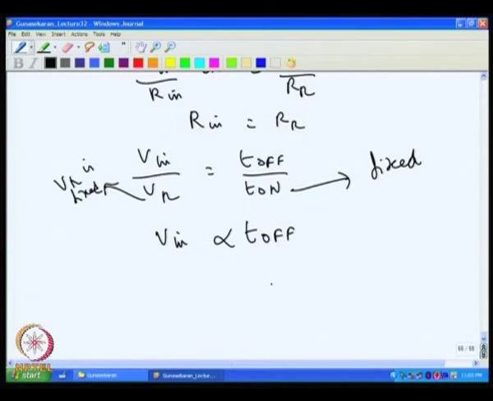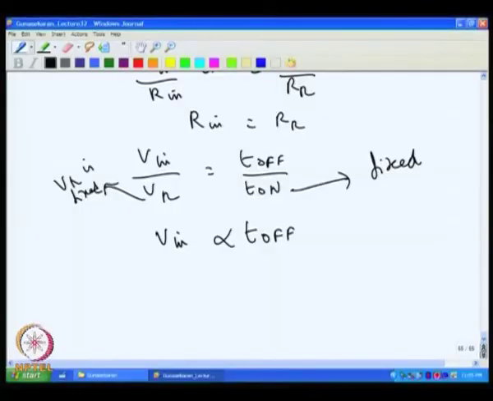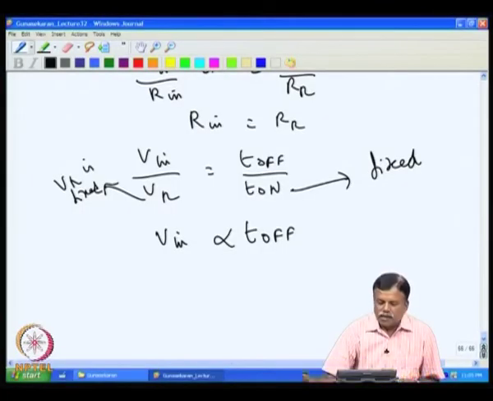This means the input voltage is measured in terms of time. If I can have a clock to measure the T off time, keep T on constant and keep V R constant, then my input voltage can be measured in terms of off time. So, off time can be obtained using a clock.